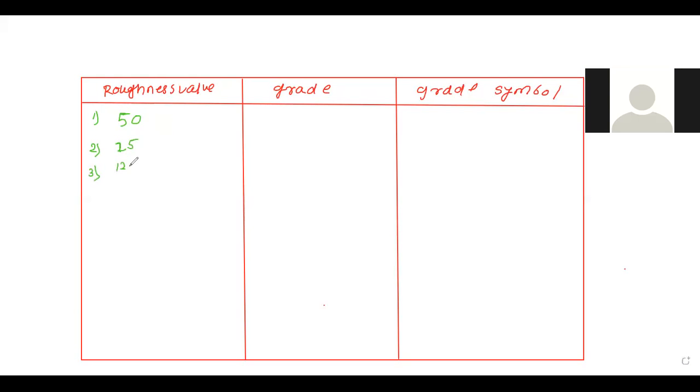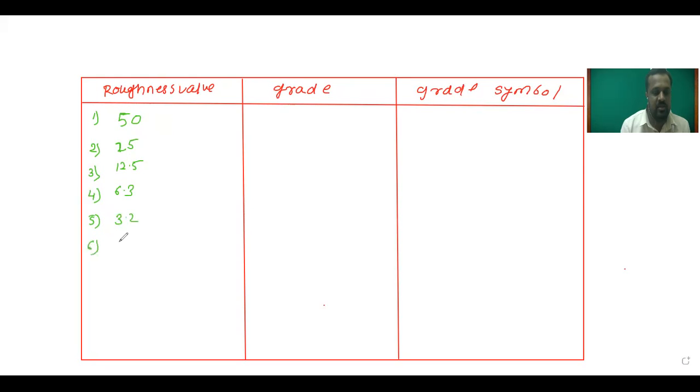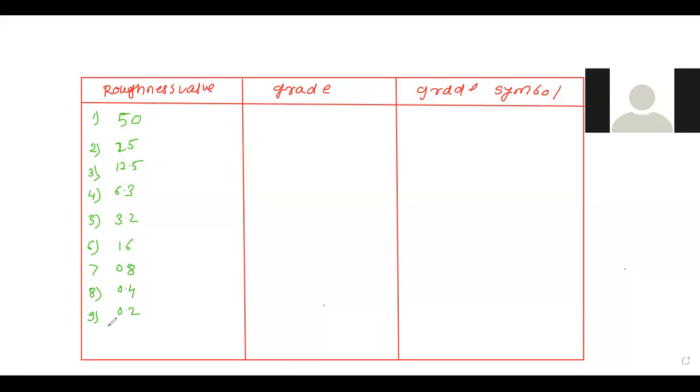Then third, 12.5. Then fourth, 6.3. Then 3.2. Then 1.6. Then 0.8. Then 0.4. Then 0.2. Then 0.1. Is it only up to this?